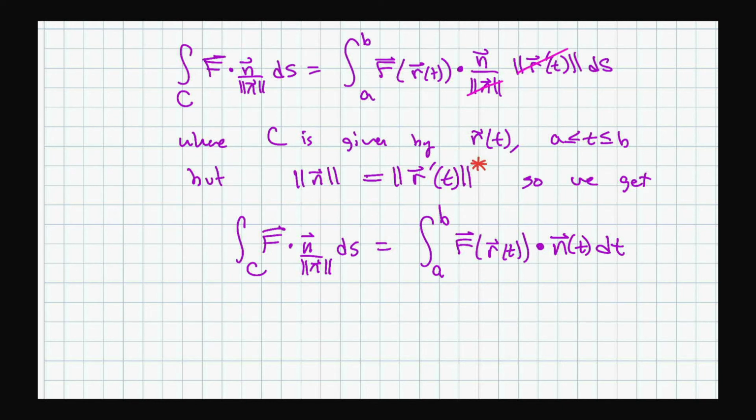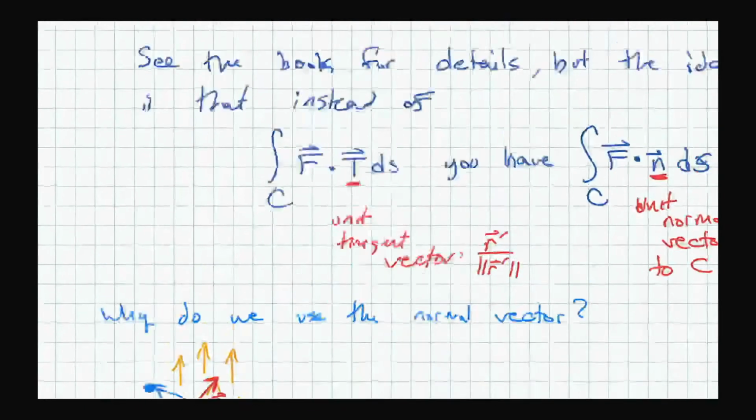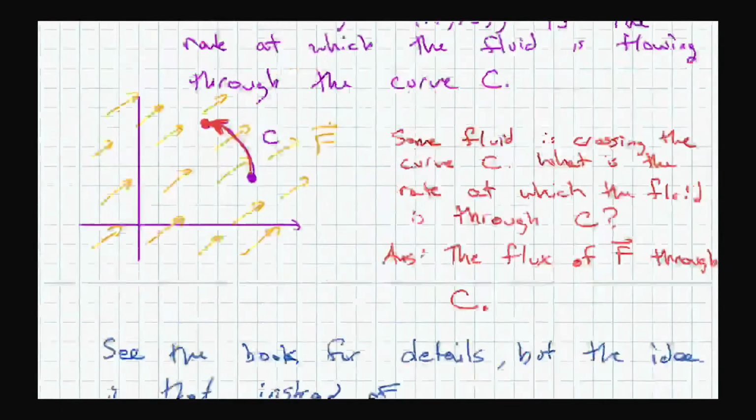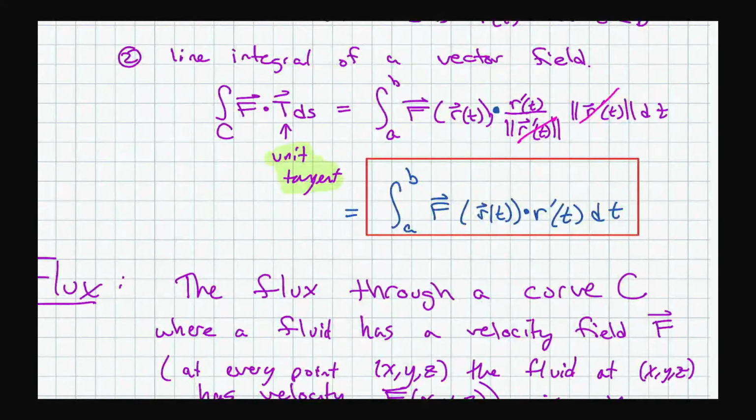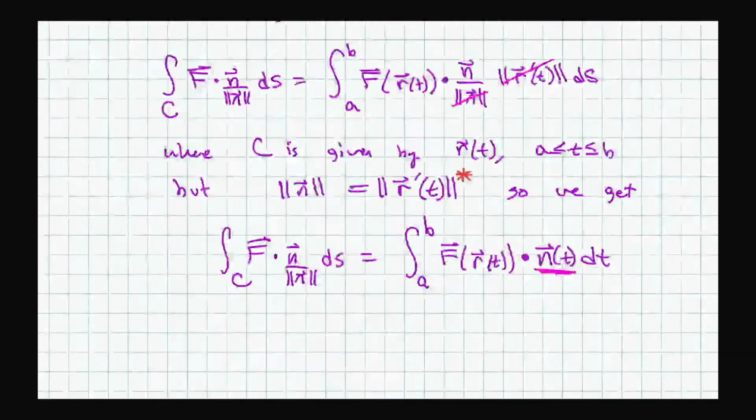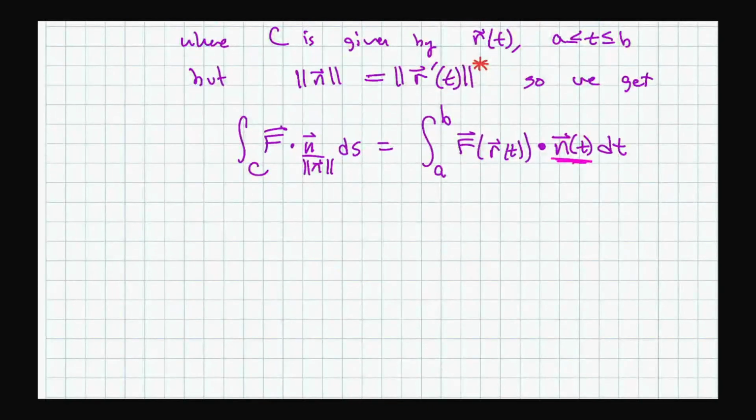If you compare this to the definition we had at the beginning, the only difference is that this is r prime and this is n. That's the only difference. And what is that vector? There are two possibilities.